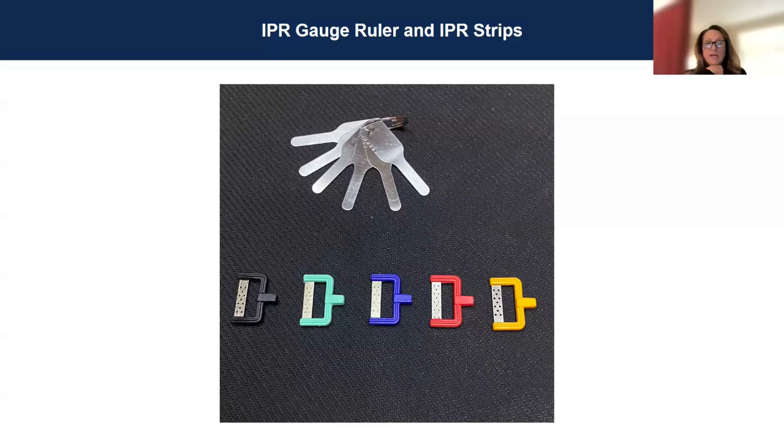I like to have the gauge because if it says we're going to do 0.07, then you can use that gauge to see what they are right now. Because there are times that you think you might have to do interproximal reduction, and in reality, they have enough space. So you don't want to over remove tooth structure.